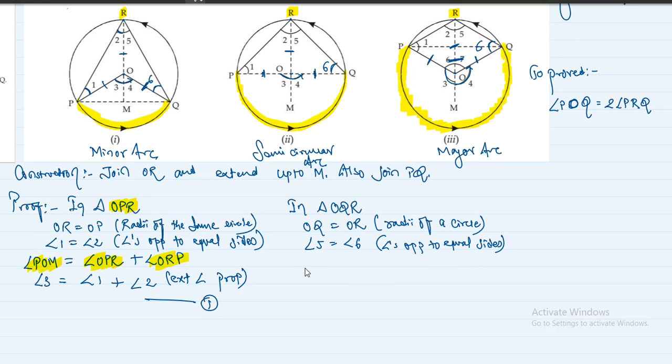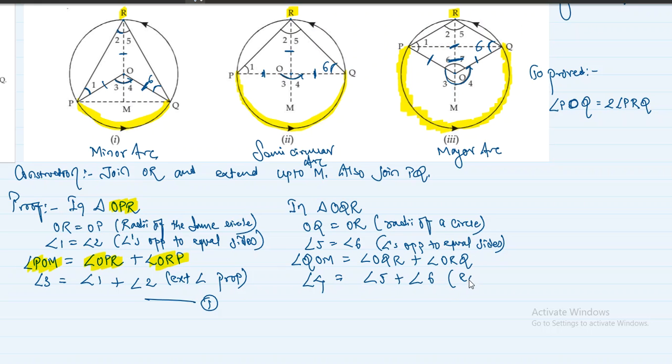Now can we say that angle QOM is equal to angle OQR plus angle ORQ? Angle QOM is nothing but angle 4, which is equal to angle 5 plus angle 6.